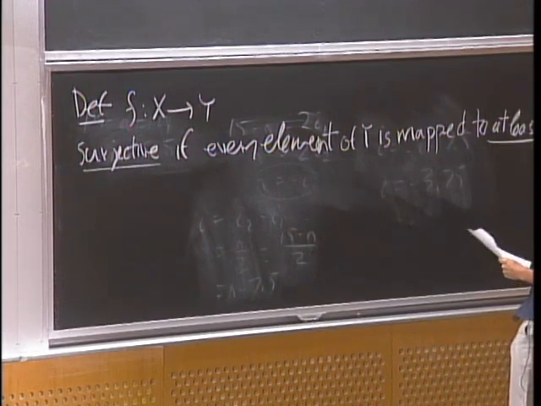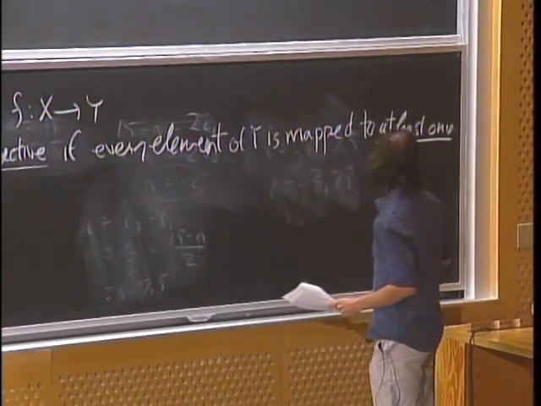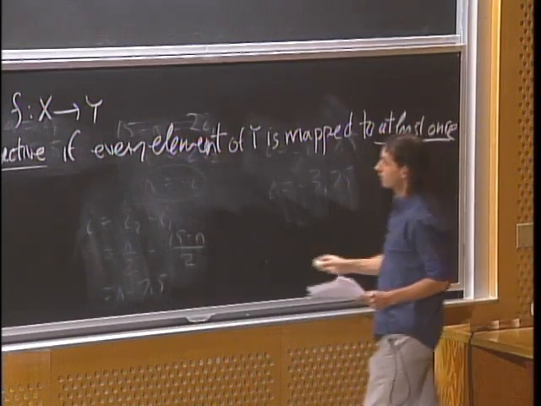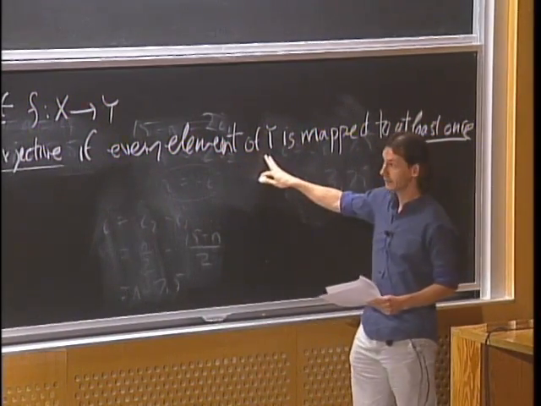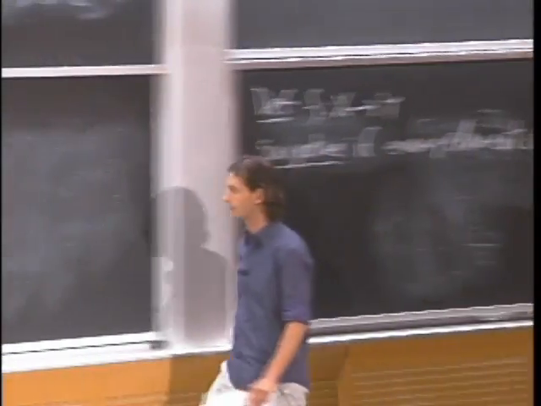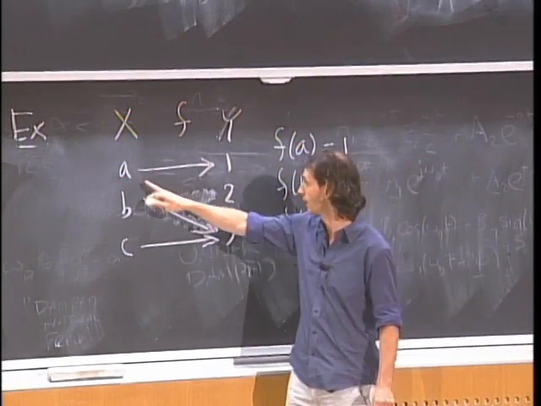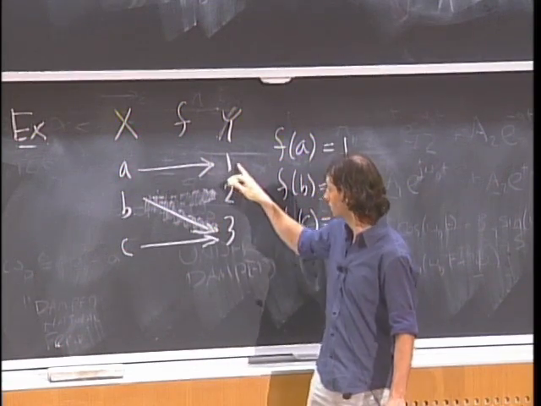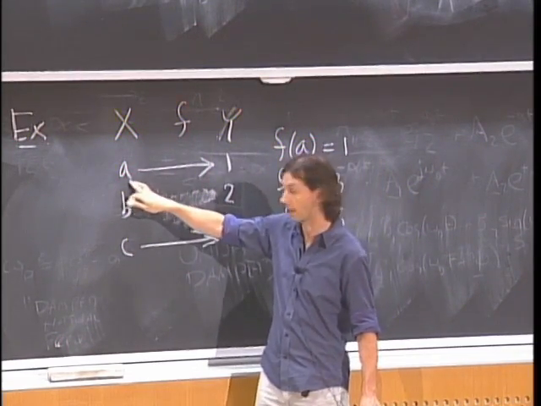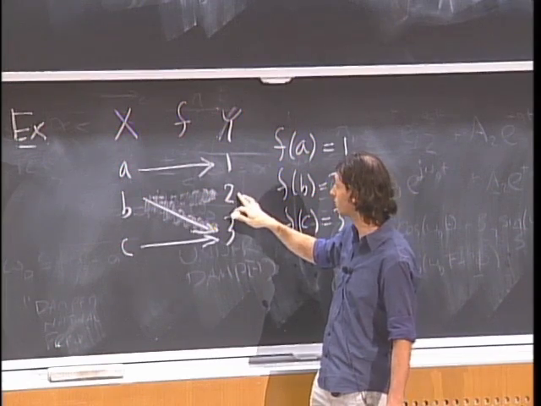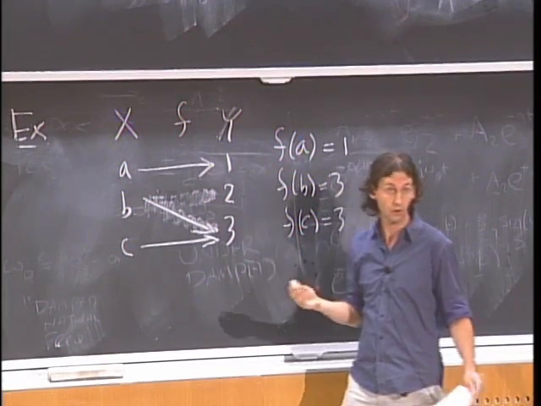To at least once. So every element of Y, say 1, for example, here, is mapped to at least once. Well, to the element 1 we have mapped A, so that's great. But for example, the element 2 is not mapped to at all.